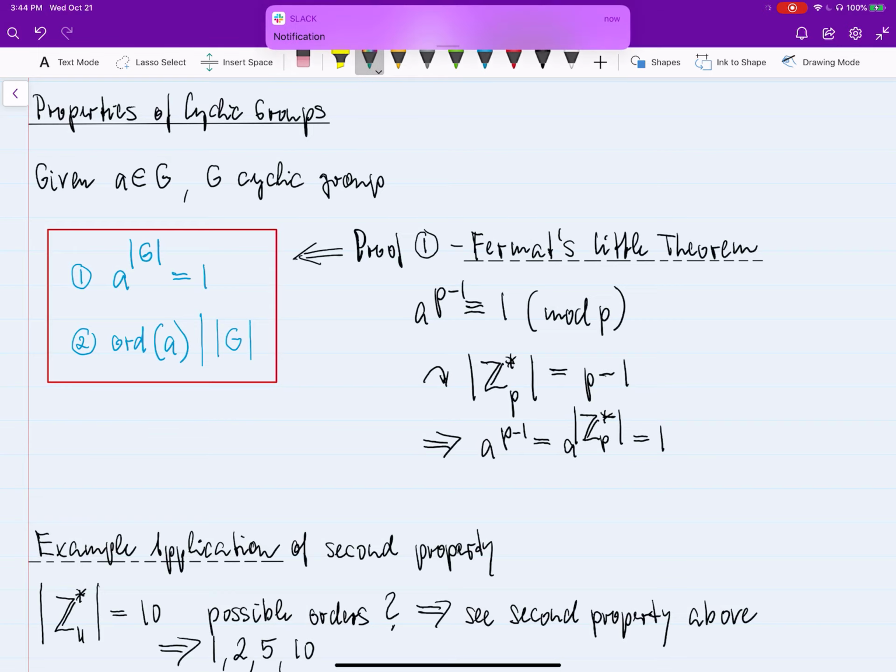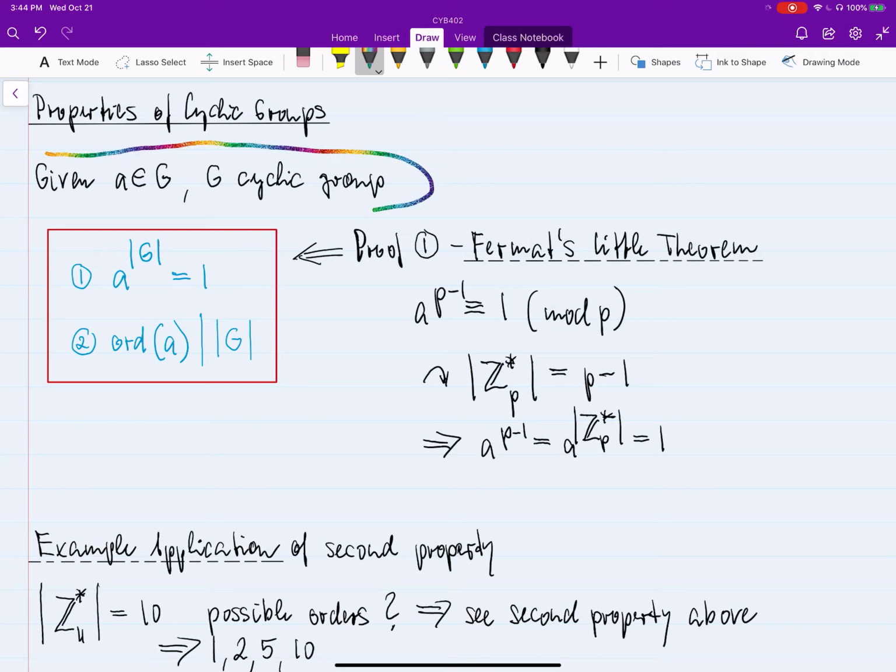So given an element a of group G, and G is a cyclic group, what we can say is that a to the power of the order of that group is 1.